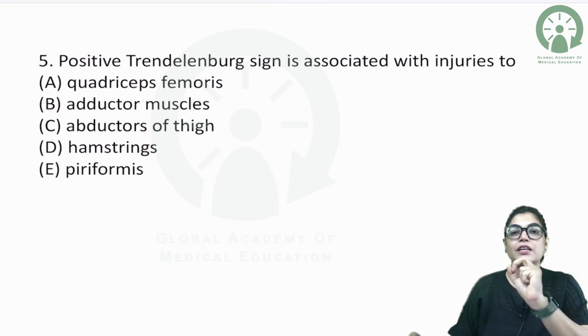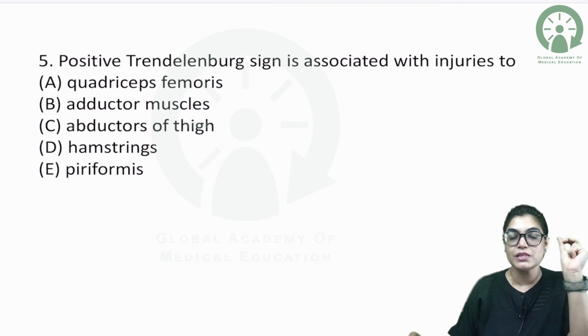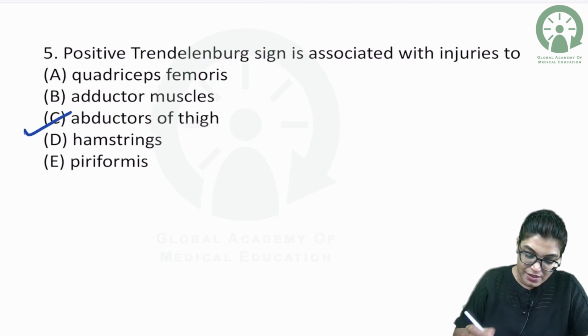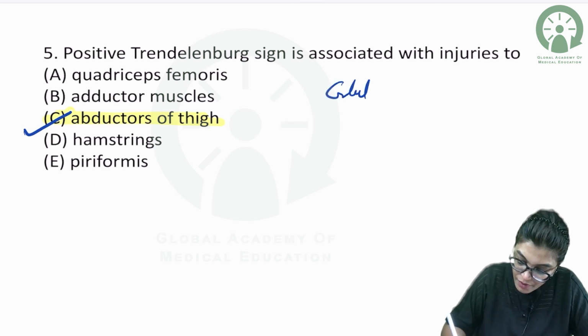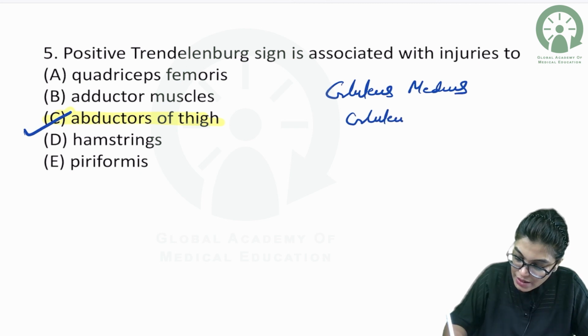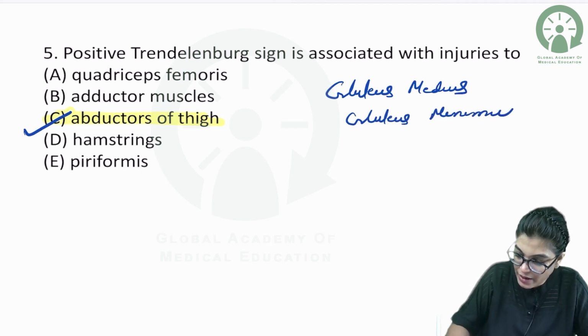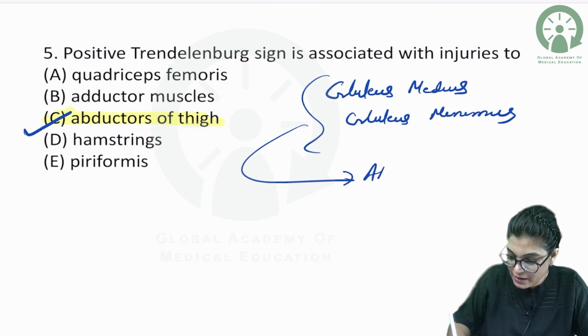Positive Trendelenburg sign is seen in paralysis of gluteus medius and minimus. So the correct answer is abductors of thigh, because the prime action of both gluteus medius and gluteus minimus is that they are abductors of hip joint.